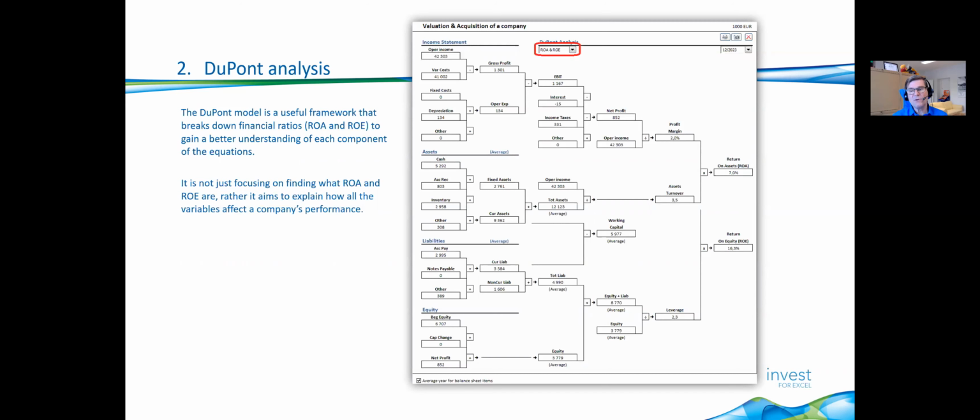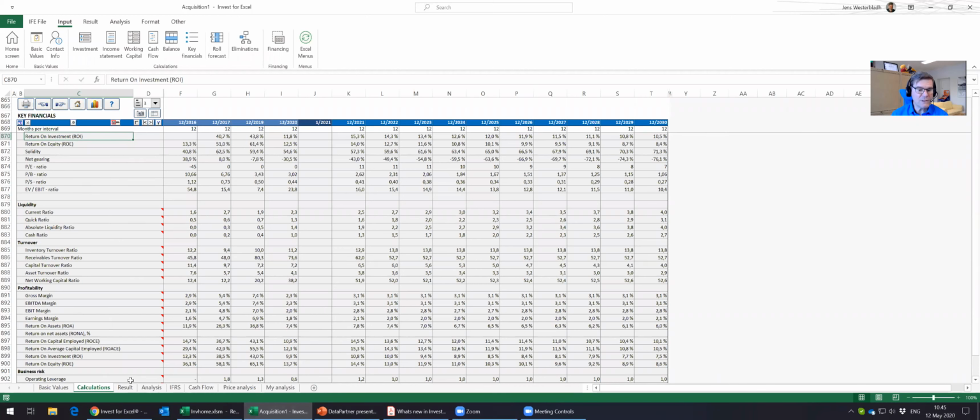So okay, let's go back again to the acquisition case that I have opened. I see it's not included in the model by default, but when you go from the menu Analyses and DuPont Analyses, this button with a lamp sheds a light on these indicators.